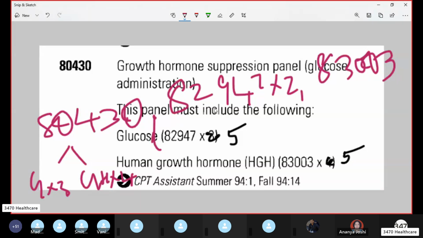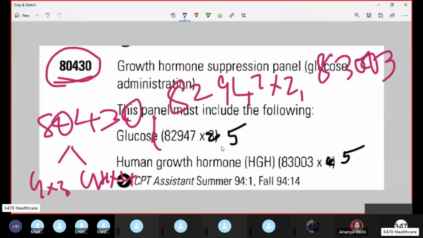For that panel, one panel code you are giving, saying glucose three times, growth hormone 4 times. That is the meaning of 80430, growth hormone suppression panel. If the quantity is not met, don't give the panel code. Code glucose separately, growth hormone separately. Suppose the panel is met and quantity extra is there: first give the panel code, then separately give what test and how many times extra. So like this way you need to report.